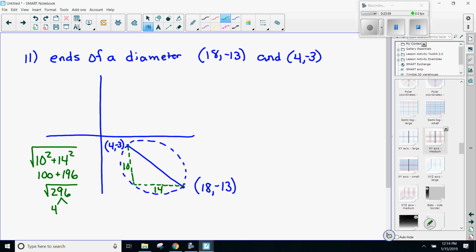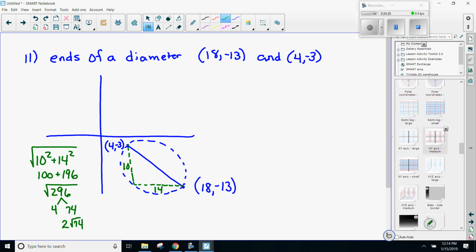So how many times does 4 go into 296? 74 times. 74 is 2 and 37, and 2 is prime. So if this splits into 4 and 74, how does this simplify? The square root of 296 is the same thing as 2 radical 74.